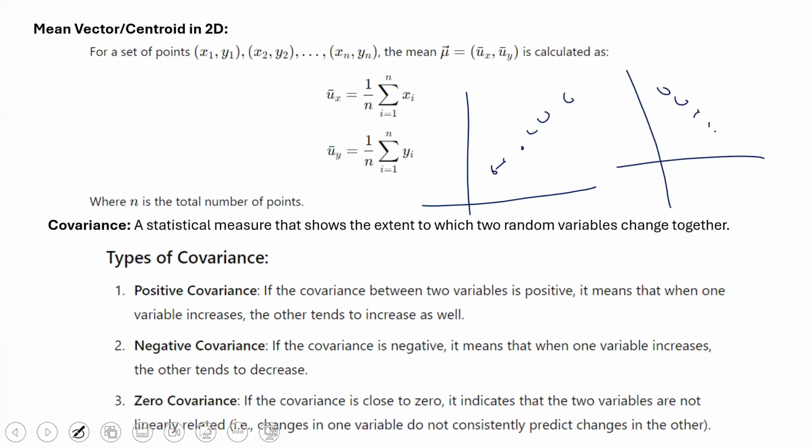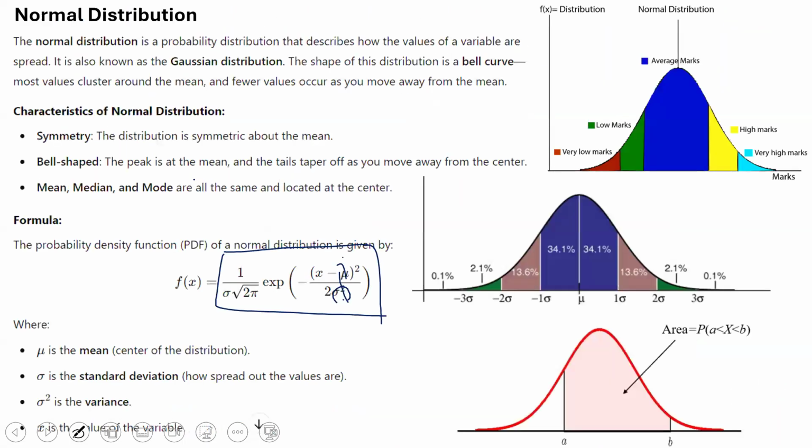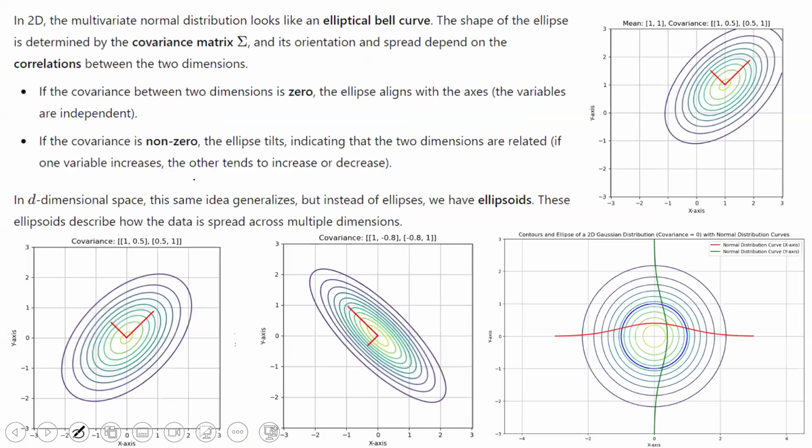If it is looking like this, it is negative covariance. If there is no relation, it is zero covariance. We studied all this stuff, right? You remember this? Now you are doing the same interpretation, but now with the covariance matrix.